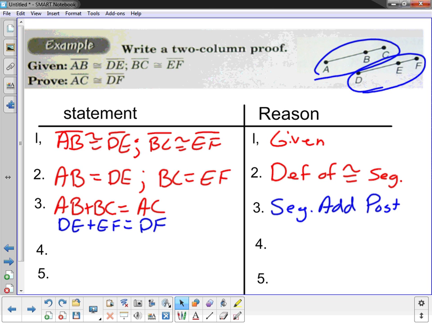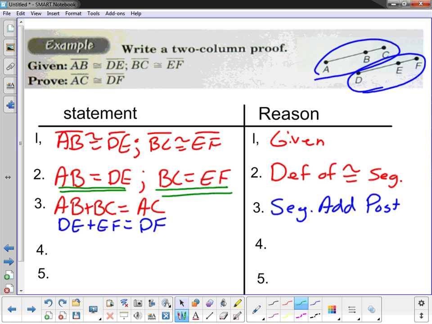Well, notice here, kind of a neat deal, I've got BC is equal to EF. And I have AB is equal to DE. Well, since these two things are equal to each other, I could add them together.